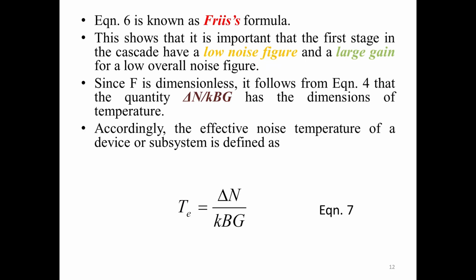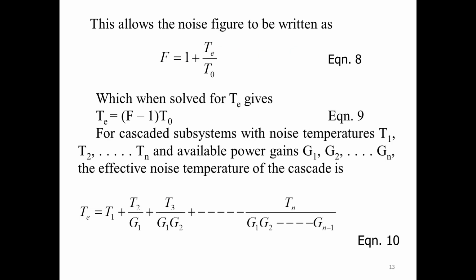Since F is dimensionless, it follows from equation 4 that the quantity delta N over KBG has the dimensions of temperature. Accordingly, the effective noise temperature of a device or subsystem is now defined as TE equals delta N over KBG, equation 7.